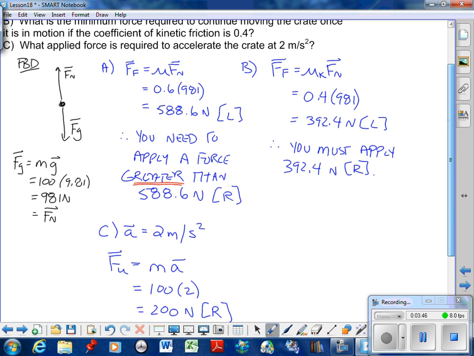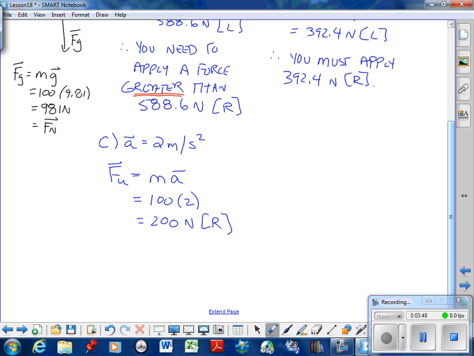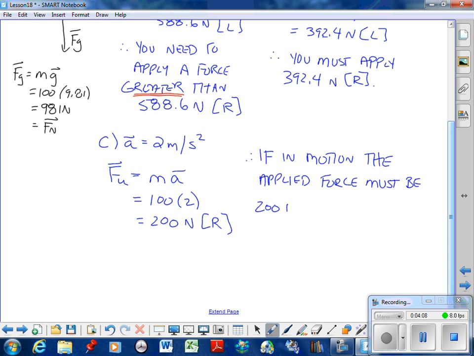Now the object is, I guess, assumed to be in motion. So therefore, if in motion, the applied force must be 200 newtons. So that's how much is needed to accelerate the object, plus you have to overcome friction, so 392.4, to get a grand total of 592.4 newtons to the right.